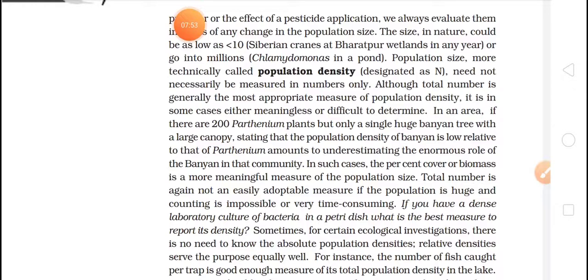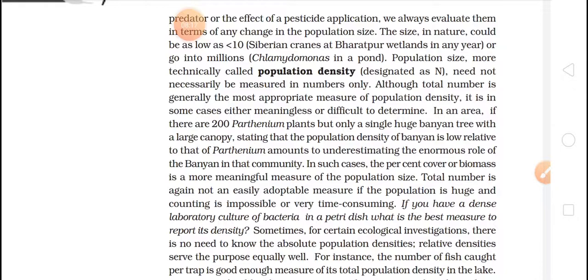So how do we calculate the population density? Population density is, whatever area we are taking, in that particular area, what is the density; we can calculate it according to the area we are measuring. See the example they have given is the Parthenium plant.